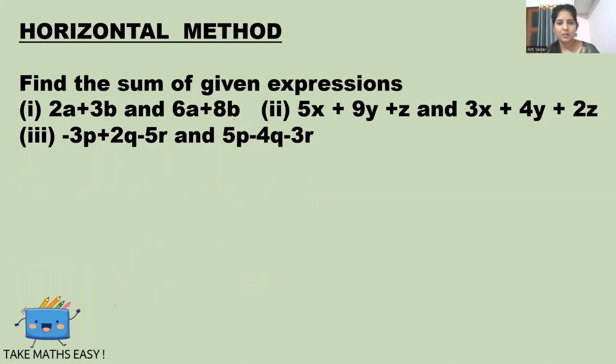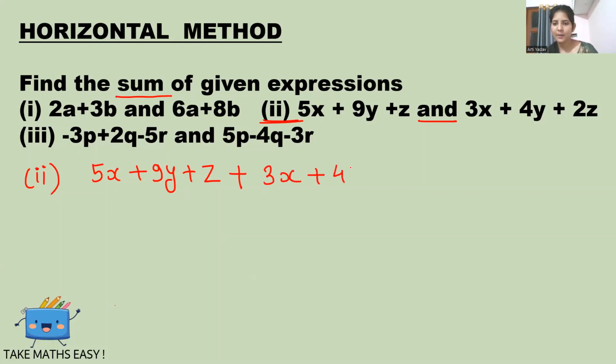So this one, the second question, we are doing. Let's do it. 5x plus 9y plus z. We have to find the sum, so the addition sign will be there in the middle. Then 3x plus 4y plus 2z. Now what is the next step? The next step is we have to separate the like terms.